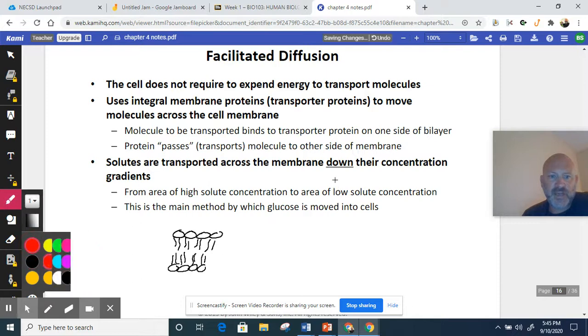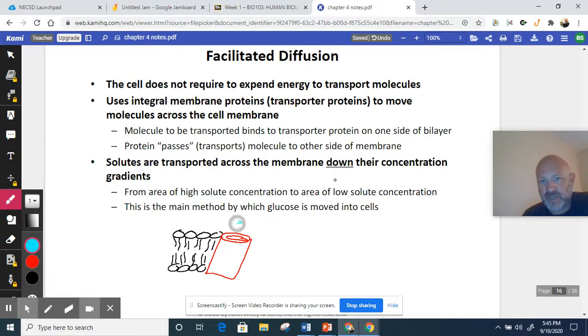Facilitated diffusion happens when we have to use a channel protein to move a particular substance from one end of the cell to the other end. So it's still moving from high concentrations to low. It's still diffusion.